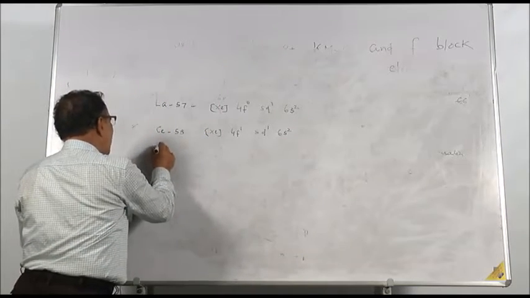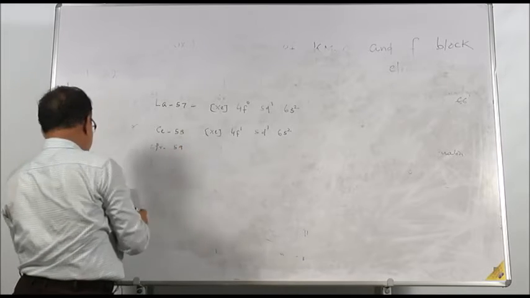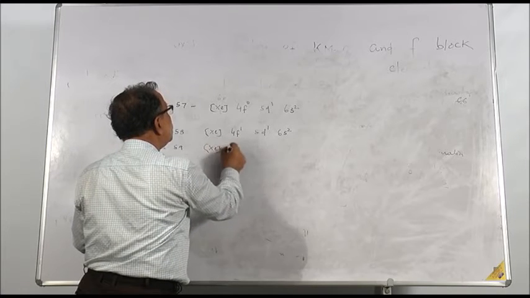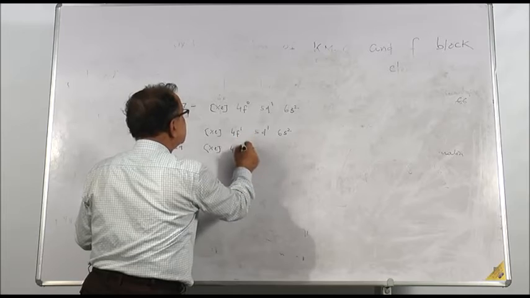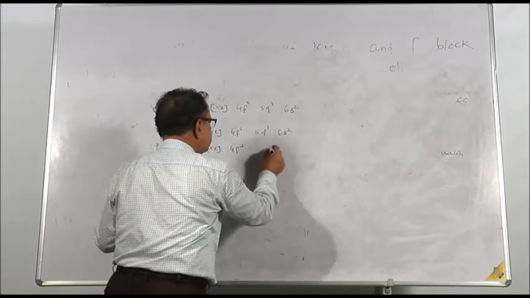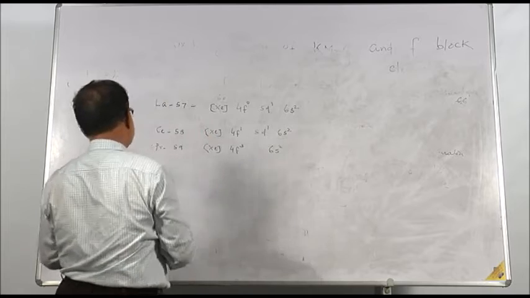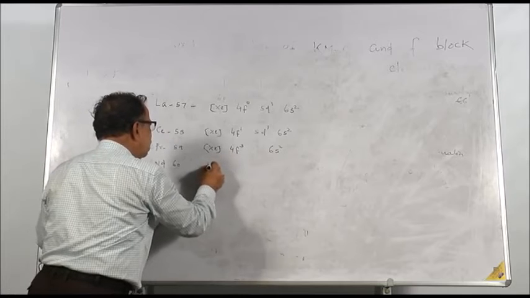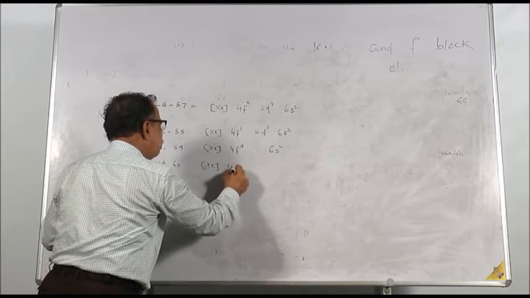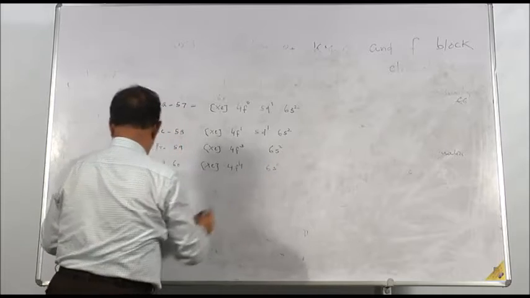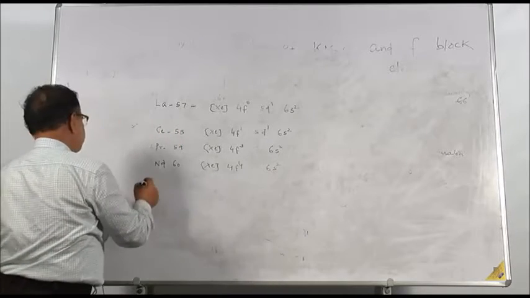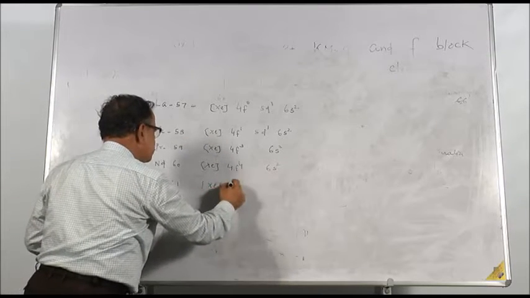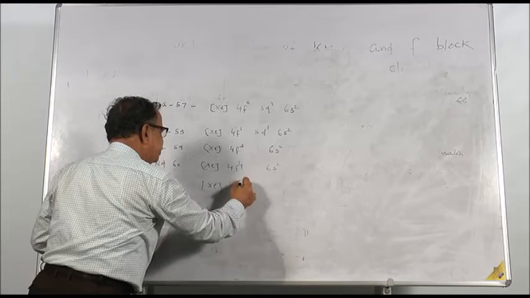Then Pr 59, the f number increases, 5d goes away: xenon 4f3 6s2. Nd 60 will be xenon 4f4 6s2. Then Pm 61, xenon 4f5 6s2.